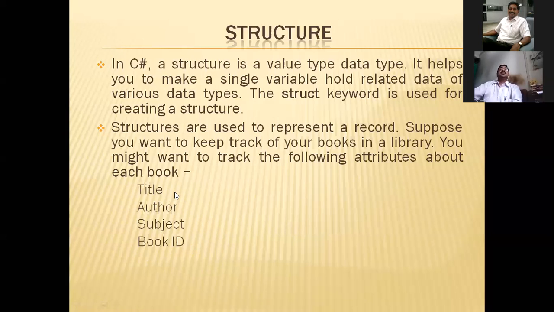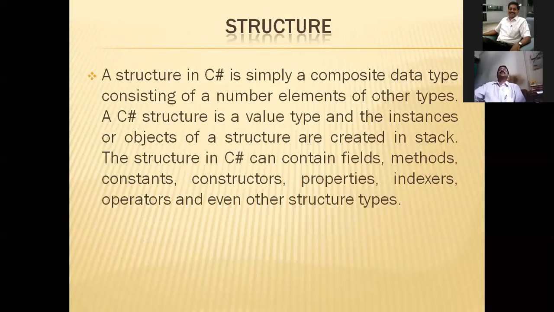Let us see: title will have a character data type, author will have a character data type, subject is also a character data type, but book ID may be numeric. So these will have different data types. We collectively represent that a structure in C# is used to represent a record. Okay, next.